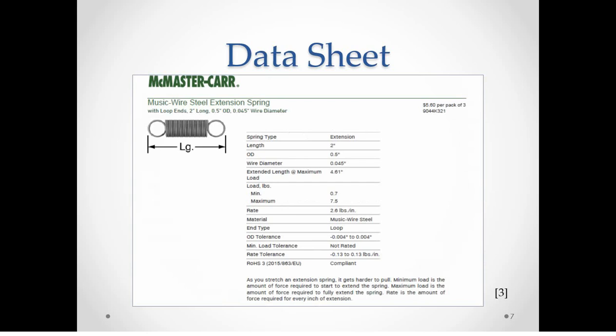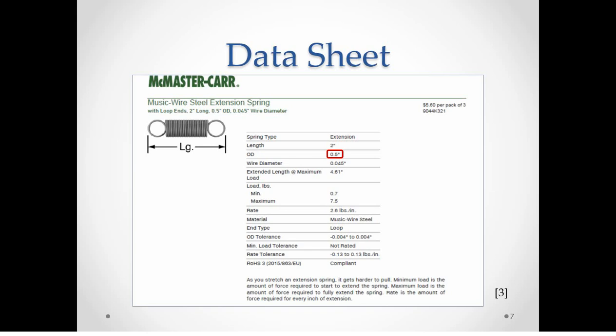This is an example of a data sheet for a spring purchased from the vendor, McMaster Carr. It contains important information about the spring that is manufactured from music wire steel. Note that the unit lbs on this data sheet refers to pounds force. The spring type indicates that this is an extension spring. The length of the unloaded and unextended spring is 2 inches.